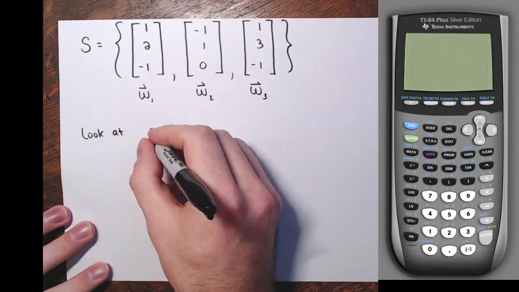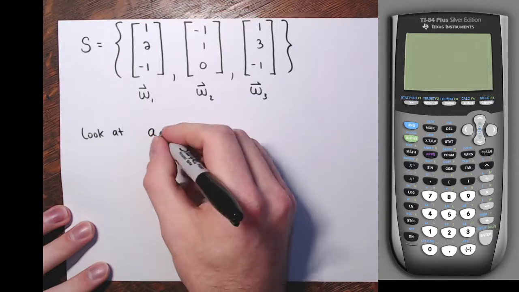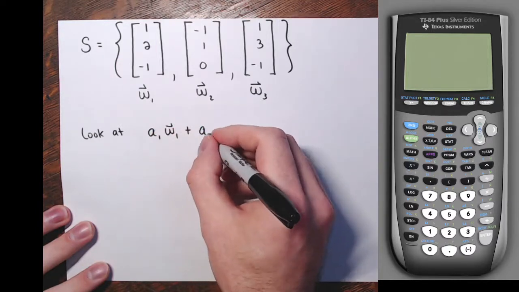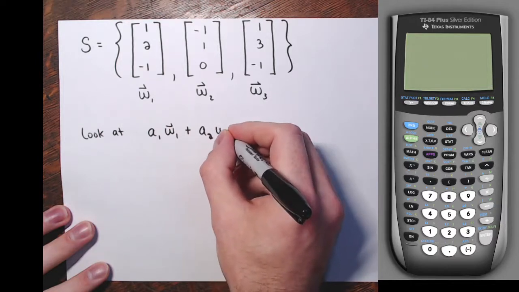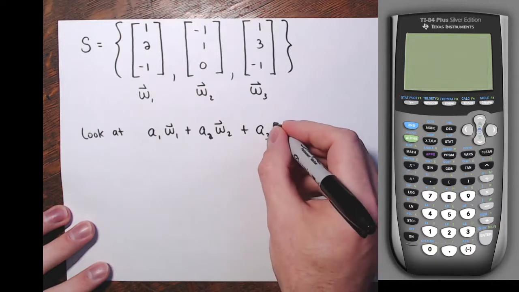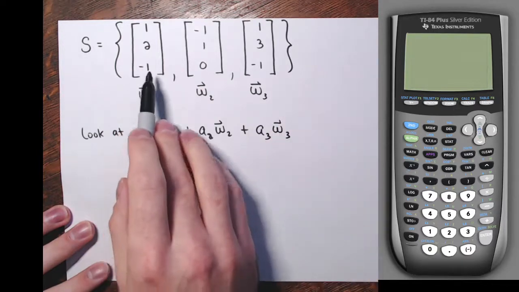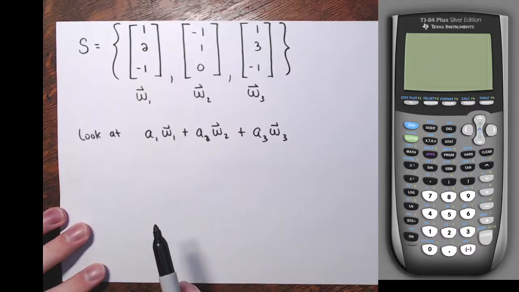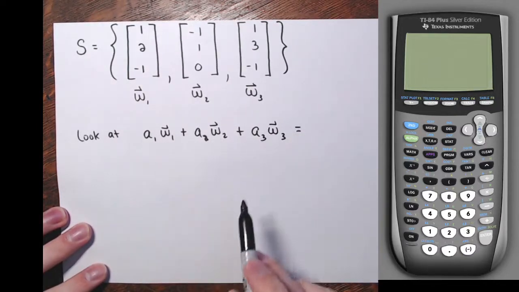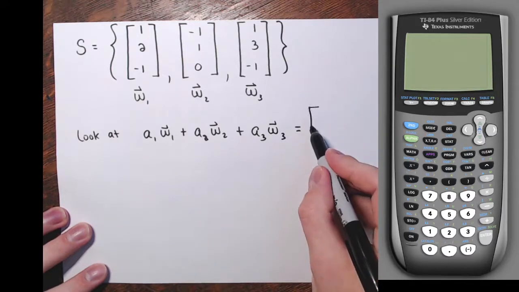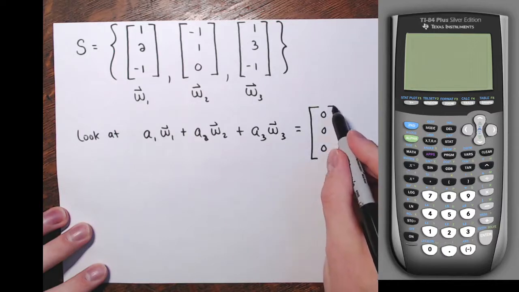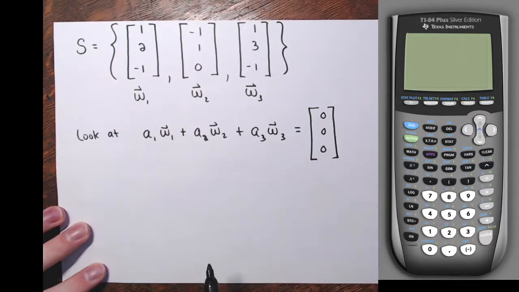Some scalar a1 times vector w1 plus a2 times w2 plus a3 times w3. You take a look at a linear combination of the vectors and ask yourself, is there a non-trivial linear combination of these vectors that make the 0 vector? And again, this is the 3-component 0 vector, because all these vectors are from R3.